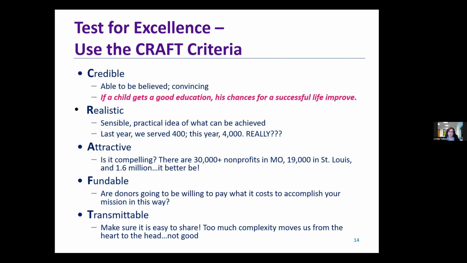Is this a funding opportunity that's real? If you know your programming is a lot more expensive, you just want to make sure that you put in the rationale for why it's so expensive, right? It's okay that it's expensive because some of the interventions that we have take a long time and they're challenging. It's okay to have that, but you need to make sure that the donor understands it does cost more, but here's the wonderful outcome that we get.